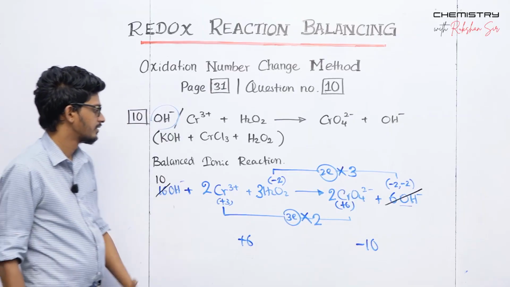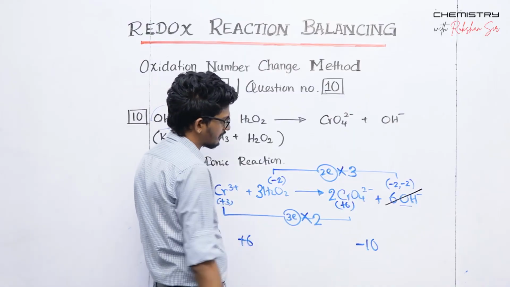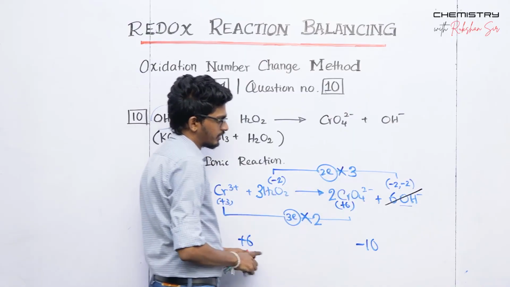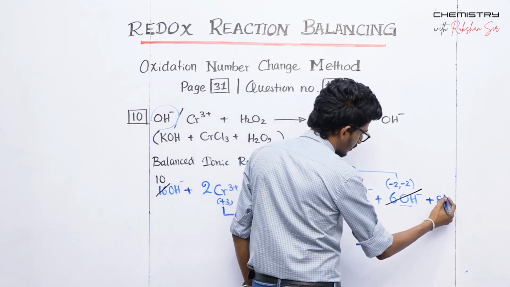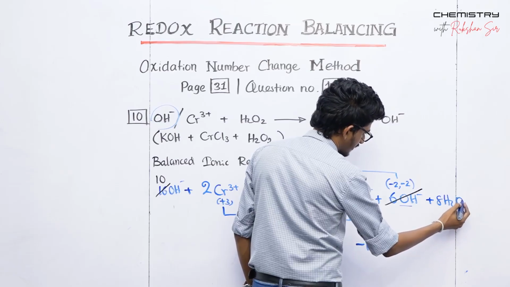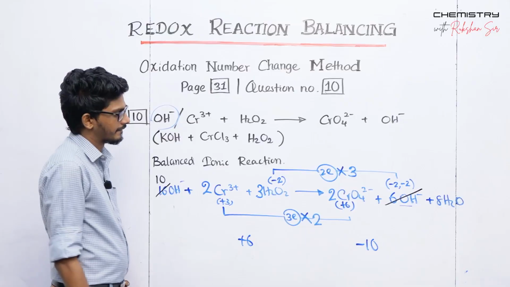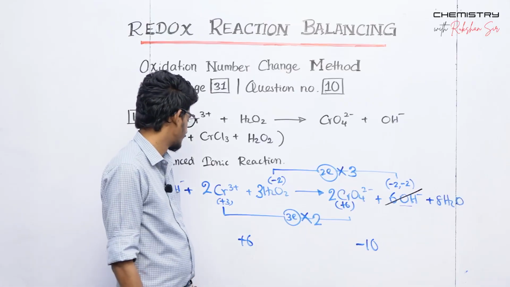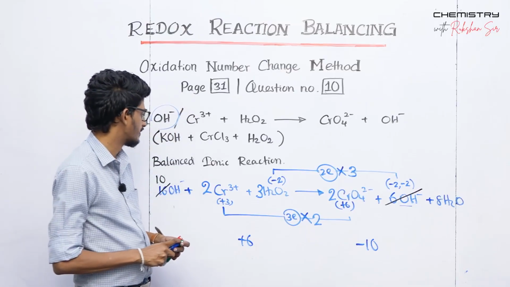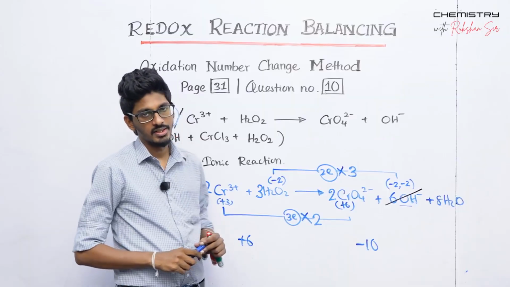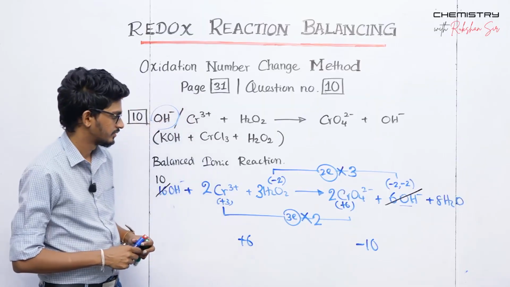You have 10 hydrogens on one side and none on the other, so you need 8 H2Os to provide the 16 hydrogens. Now the equation is balanced. That is the balanced ionic reaction of question number 10.